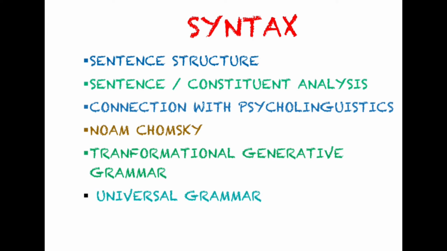He also hypothesized that all human languages actually operate on the same principles but differ in parameters. This gave birth to the idea of universal grammar. For example, a transitive verb in every language takes an object, but the placement of that object differs.